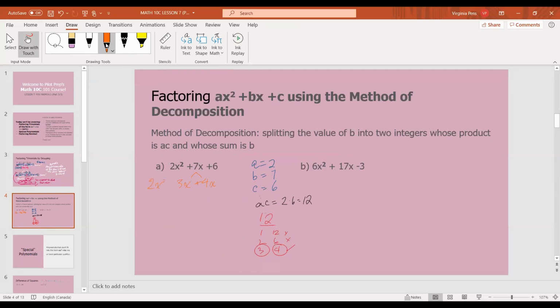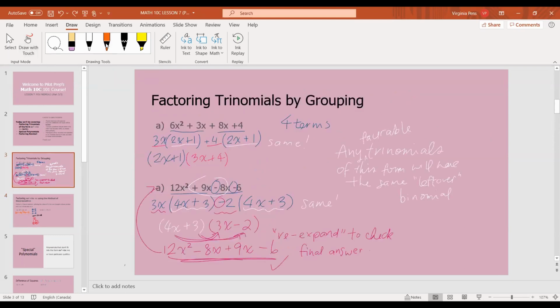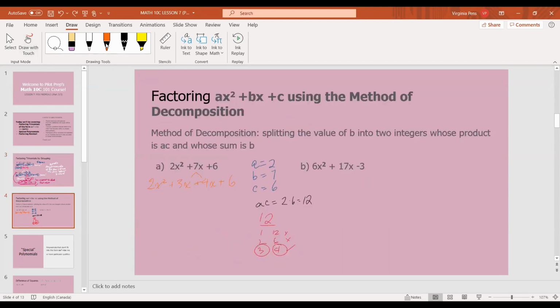I'm going to bring down 2x squared. I'm going to bring down 6. All right, so now we have a form that we're familiar with. We were looking at this in the last slide when we were factoring by grouping. So now that we've decomposed this trinomial, we can group to figure out how to factor it.